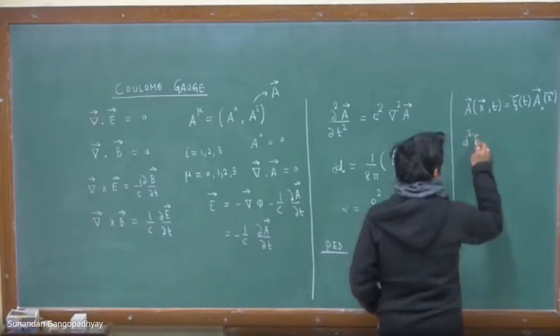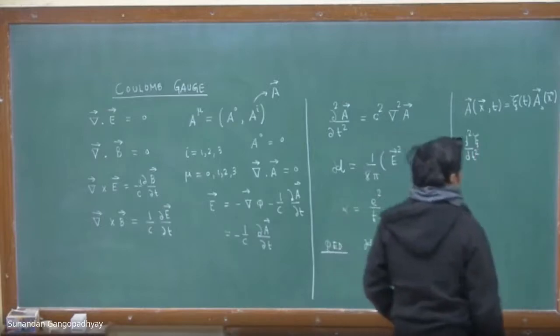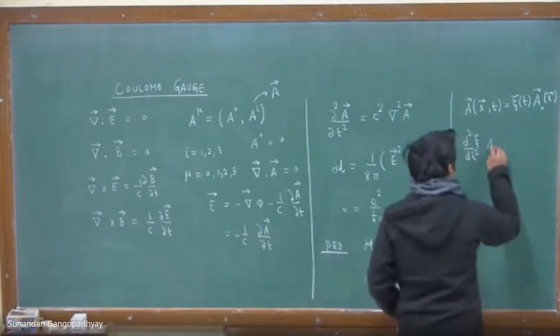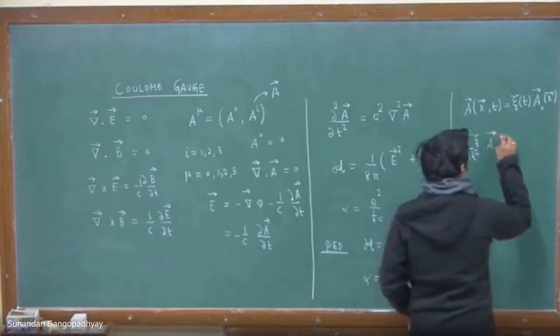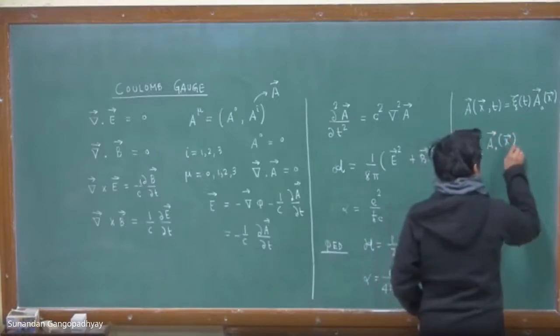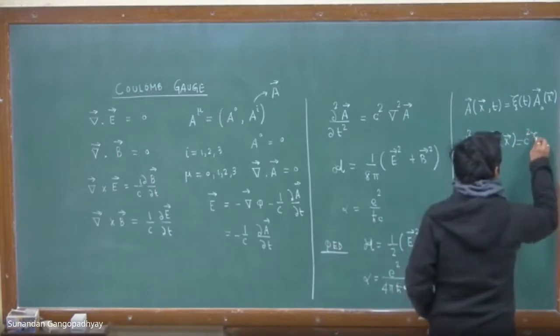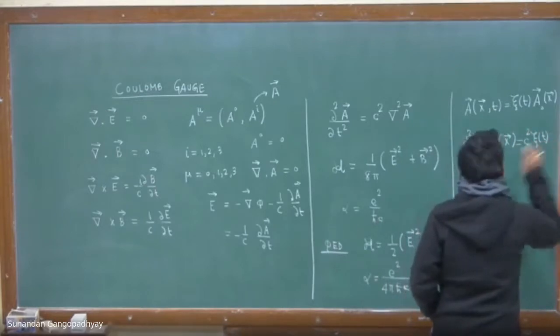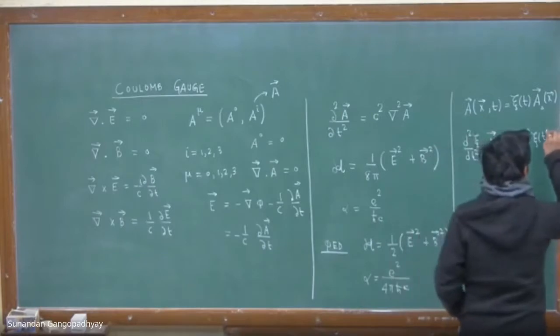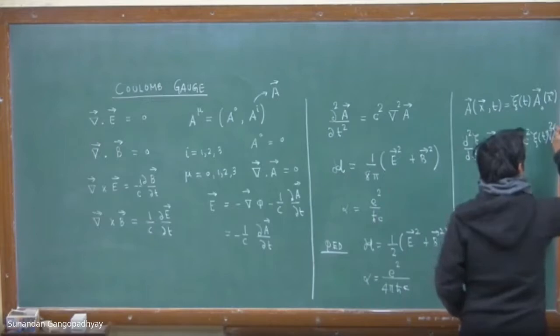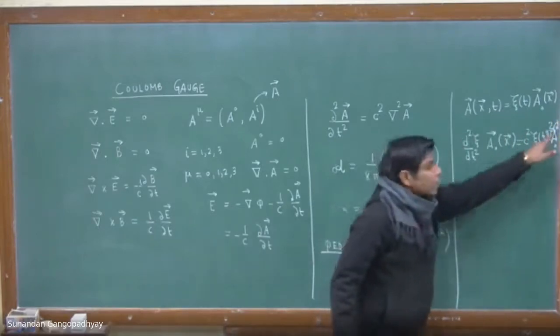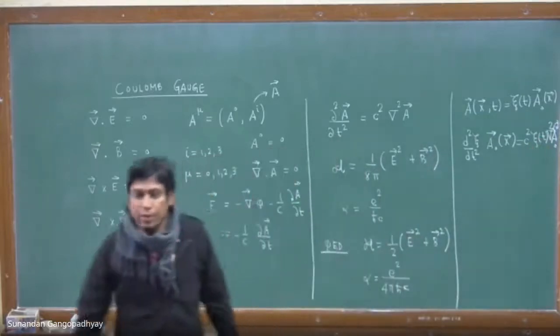We shall get A₀(x) ∂²ψ/∂t² equal to c² ψ(t) times the Laplacian of the A vector. So you have a vector over here, it's a function of x vector.